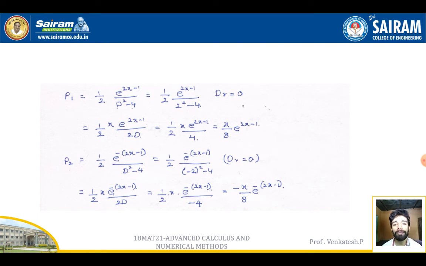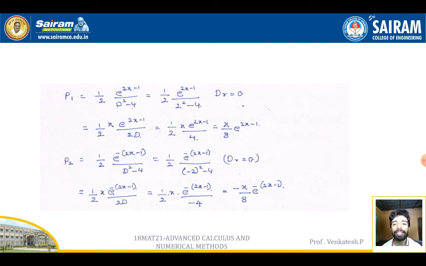So again same thing: if it is 0, we have to multiply x for the numerator and differentiate the denominator. I will get the equation like 1 by 2 x e power minus 2x minus 1 by 2D. Now replacing D is equal to minus 2, I will get 1 by 2 x e power minus 2x minus 1 divided by minus 4. It will be equal to minus x by 8 e power minus 2x minus 1. So this is for p2.